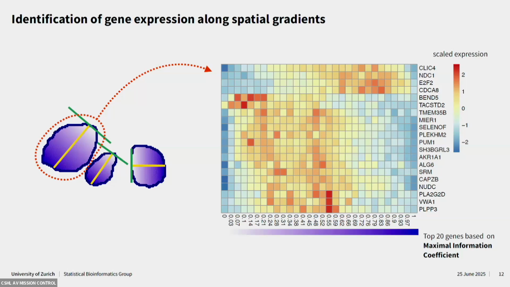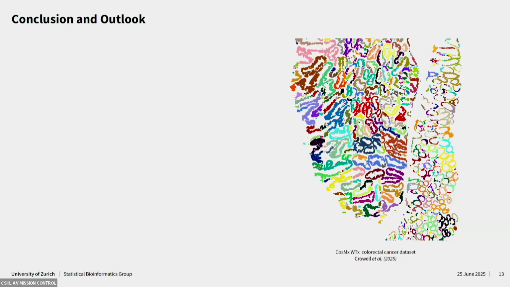And we can find some previously known markers that correspond to different zones in the germinal center, but we also find a lot of different interesting genes because we have the full transcriptome data set from Visium HD.